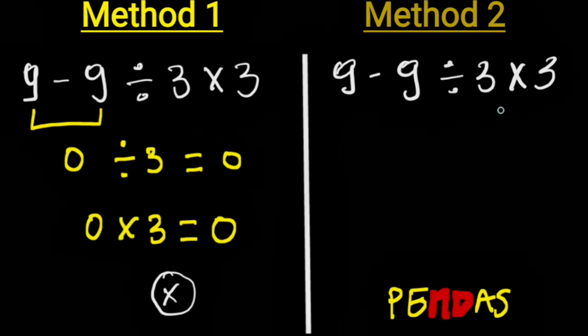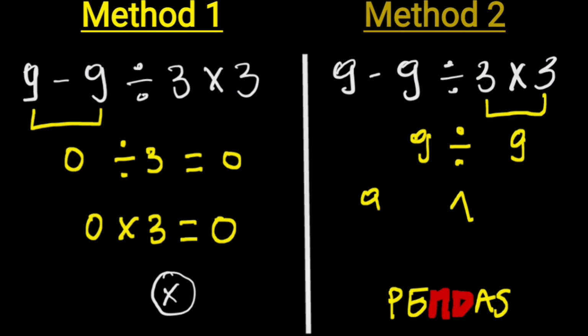They multiply 3 by 3, getting 9. Then they perform the division. 9 divided by 9 is 1. Finally, they go back to the beginning and subtract. 9 minus 1 equals 8.